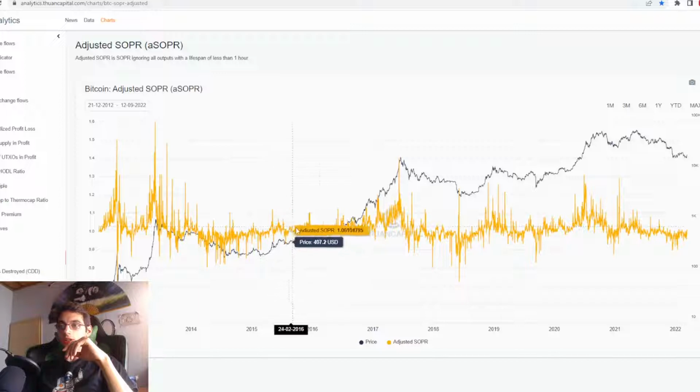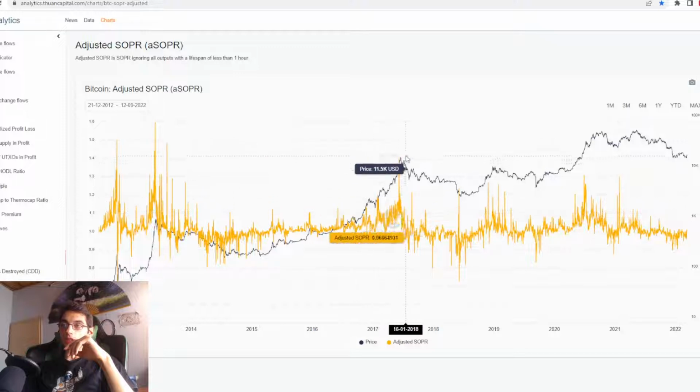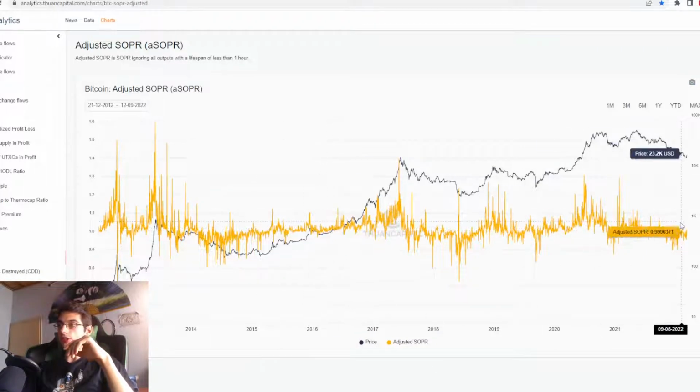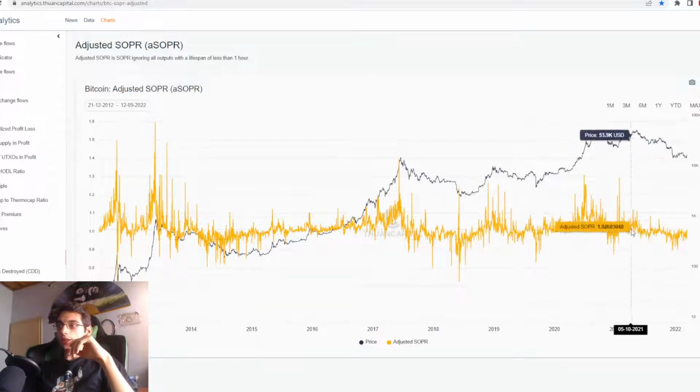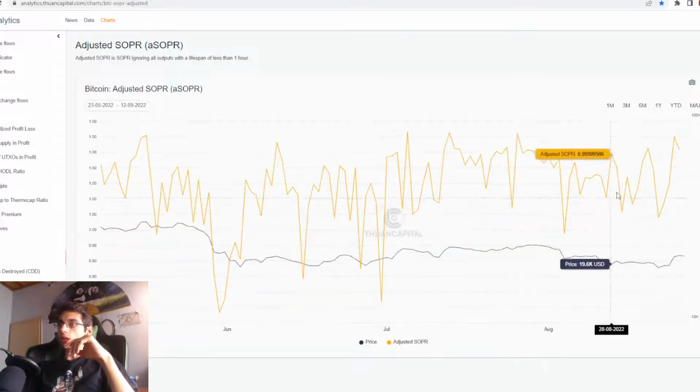Meanwhile, when the price starts getting up and we are getting into a bull cycle, we are most likely above the 1. So the 1 is used as a support in a bull market, not as a resistance. And this last time, as you see right here, we are using the 1 as a resistance. We are in this bear market price action right here, and it's not changing anytime soon.